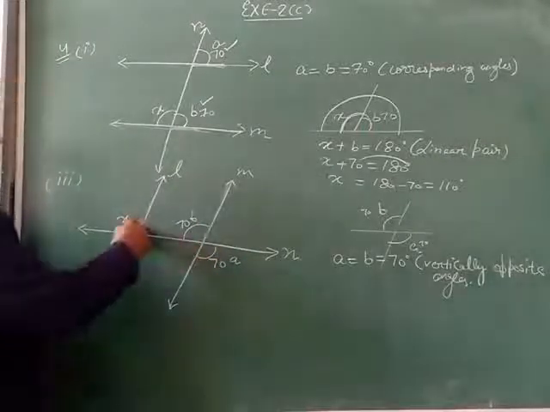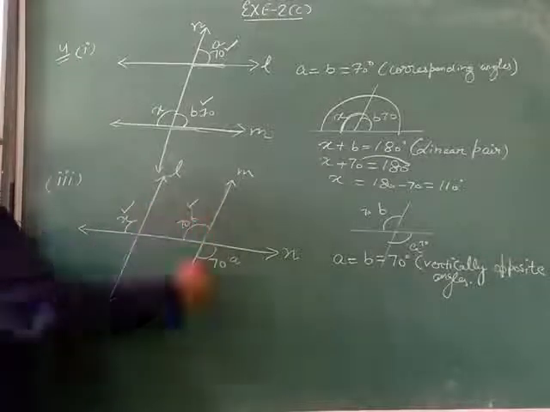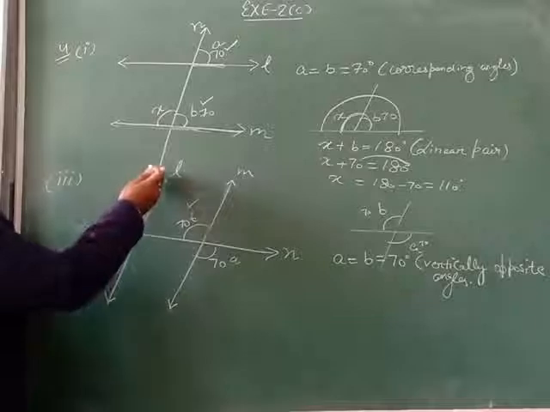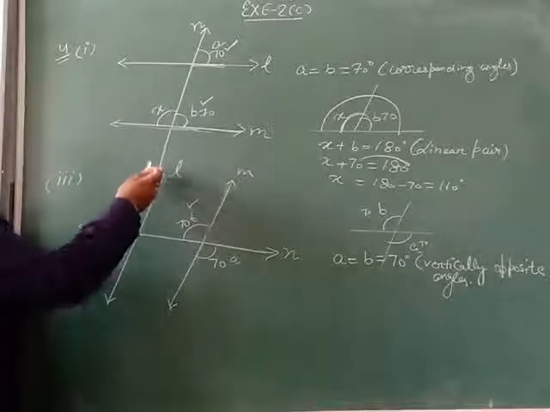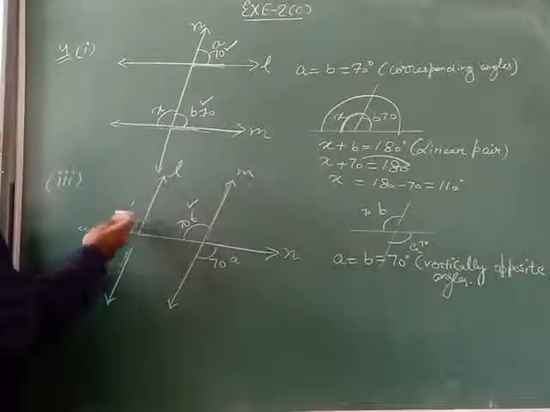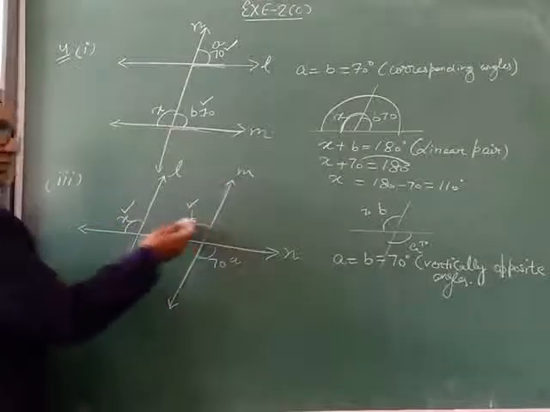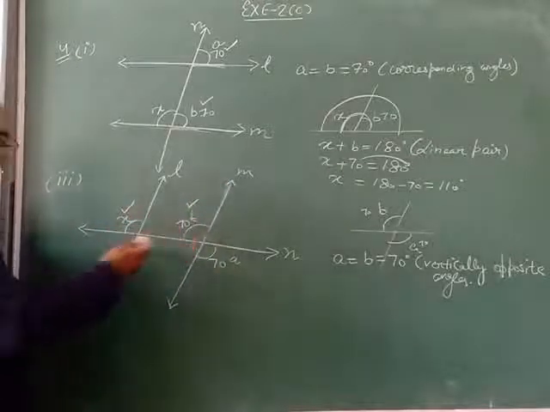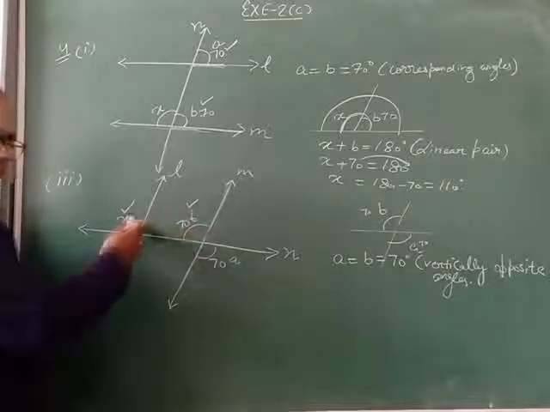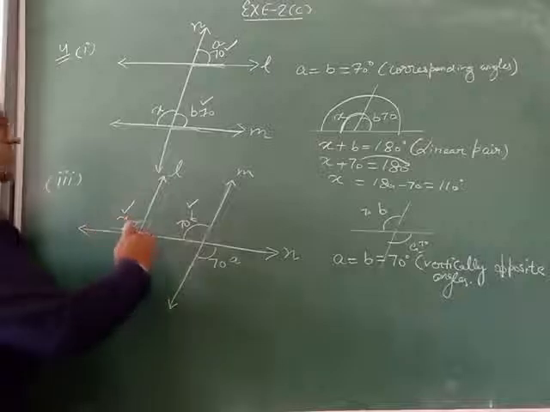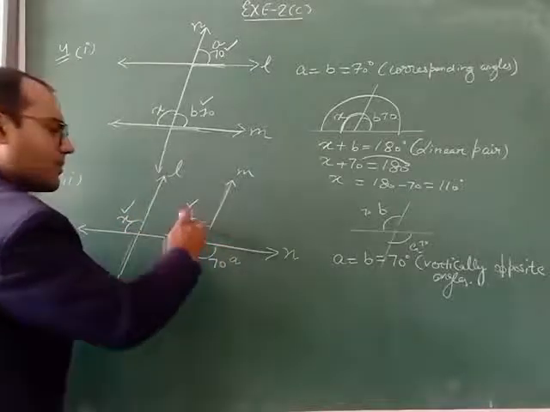Now we have to find this X. This angle and this angle, both angles are on the left side of the parallel line. This is the first parallel line, X is on the left side. This is the second parallel line, B is on the left side. So both are on the left side of the parallel line. And this is a transversal. This is above the transversal, this angle is also above the transversal.